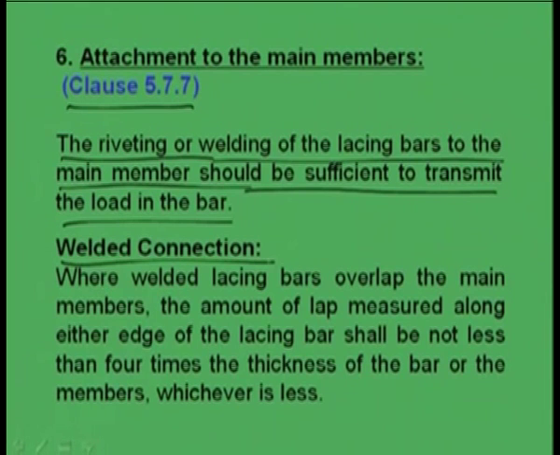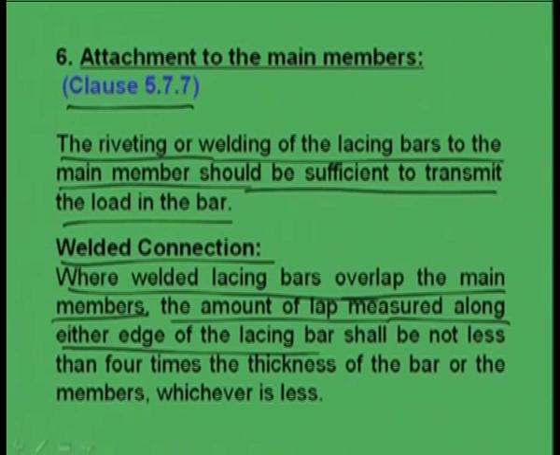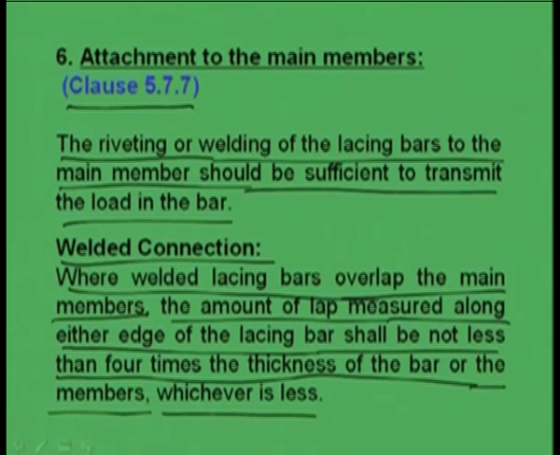For welded connection, what are the guidelines? Where welded lacing bars overlap the main members, the amount of lap measured along either edge of the lacing bar shall be not less than 4 times the thickness of the bar or the members, whichever is less.